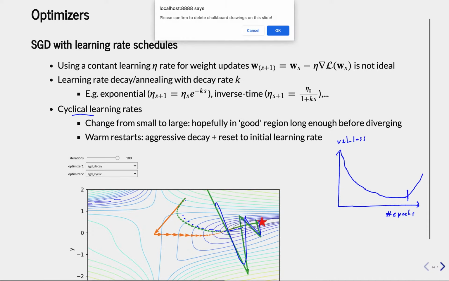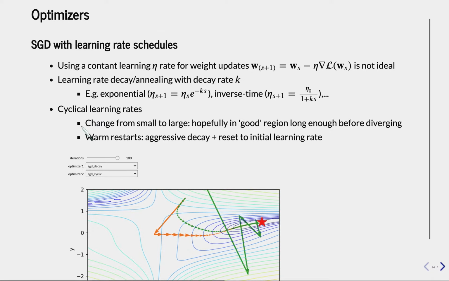And there's the final one, which is also sometimes used, which is the warm restarts. So the idea there is that you don't have one cycle, but you have multiple cycles. So if this is the number of steps, and this is the learning rate, what you do is typically you decrease the learning rate at some point, and then you increase it again, and then you decrease it again, and then you increase it again.